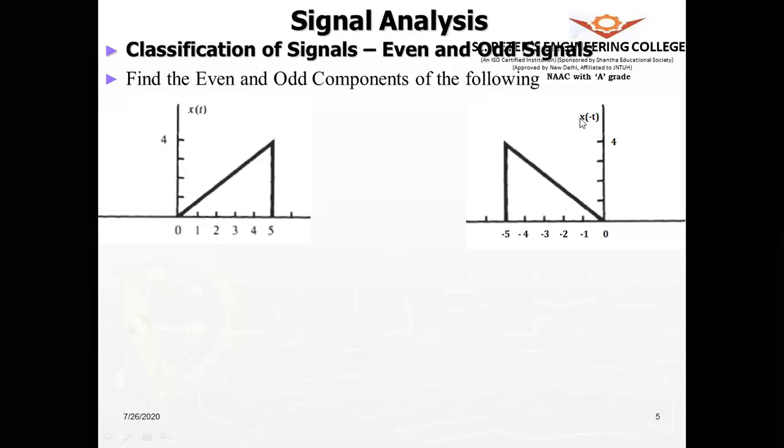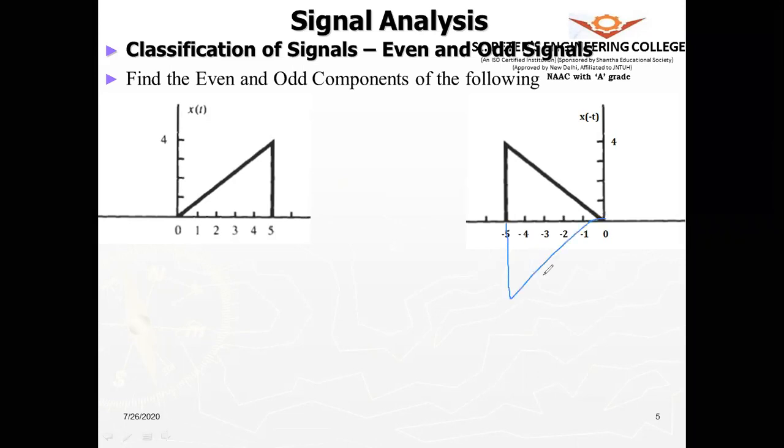Now, how do we get minus x of minus t? We have to fold the signal we have got along the axis. Let me show how it will look. When we fold along this axis, this signal will now look like this.